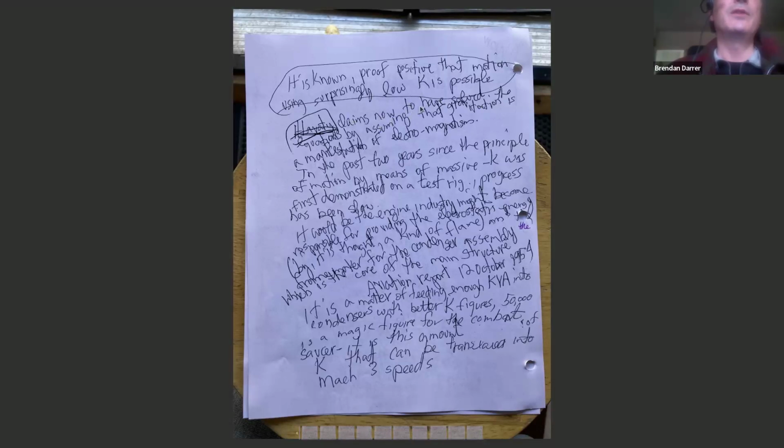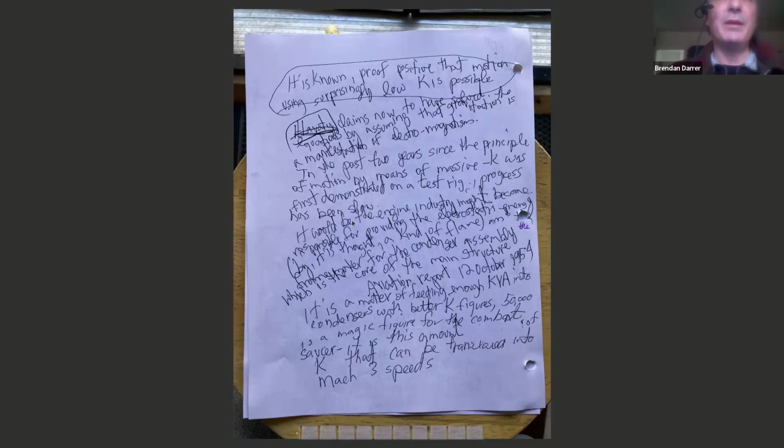Claims now to have solved the equations by assuming that gravitation is a manifestation of electromagnetism. In the past 2 years since the principle of motion by means of massive K was first demonstrated on a test rig, progress has been slow.